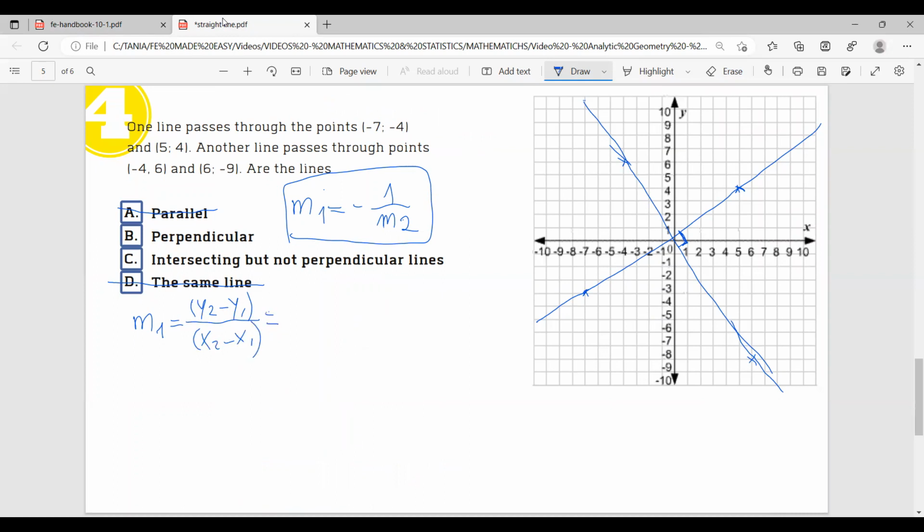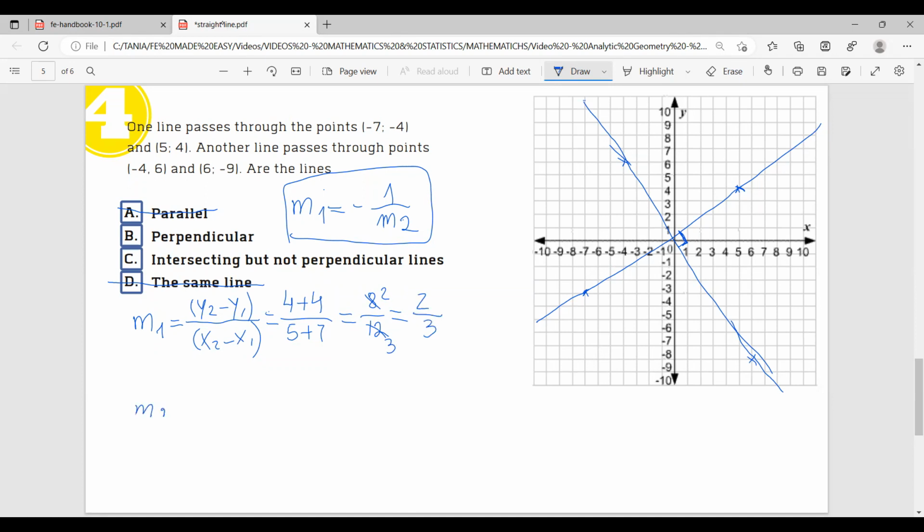And let's substitute. We'll have 4 minus (-4), I get +4, over 5 minus (-7), plus 7, and this is equal to 8/12. And if we reduce by 4, we get 2 and 3. So the slope of the first line is 2/3.